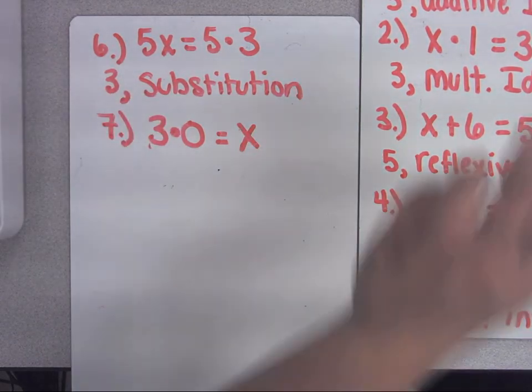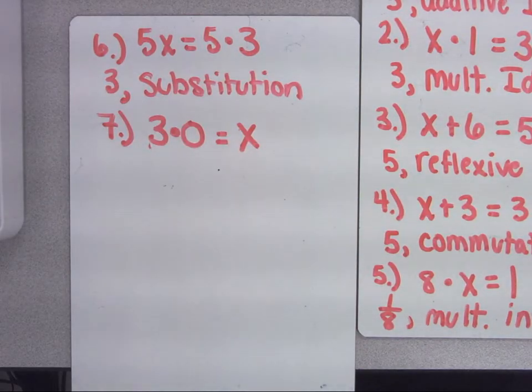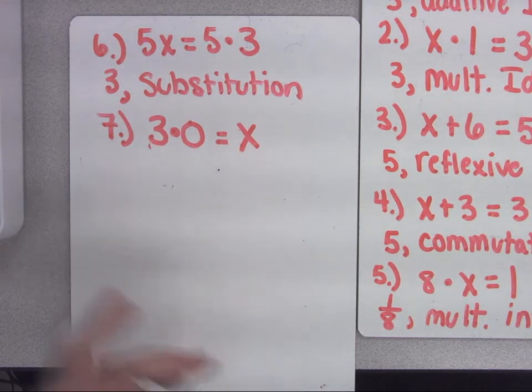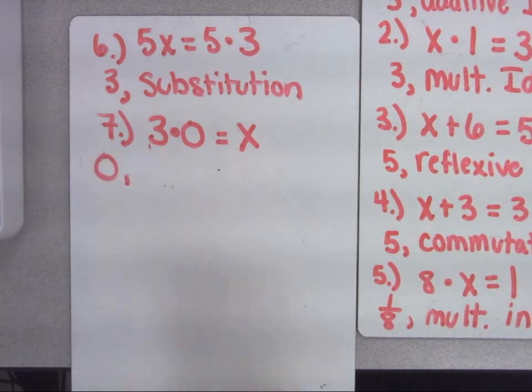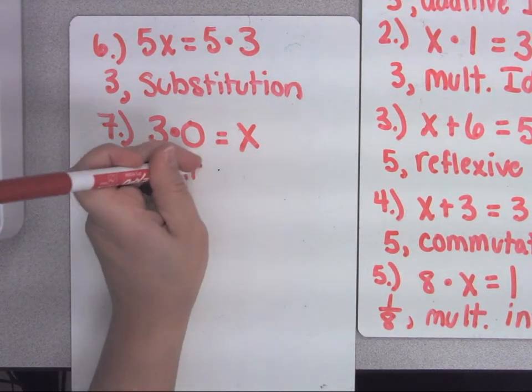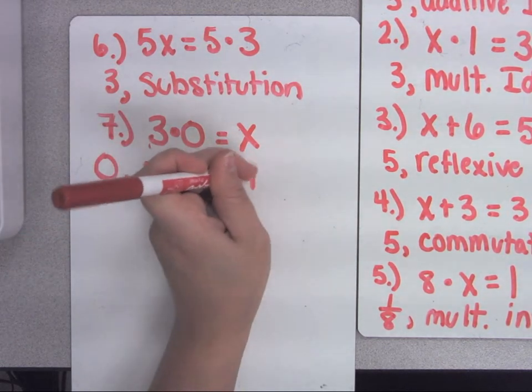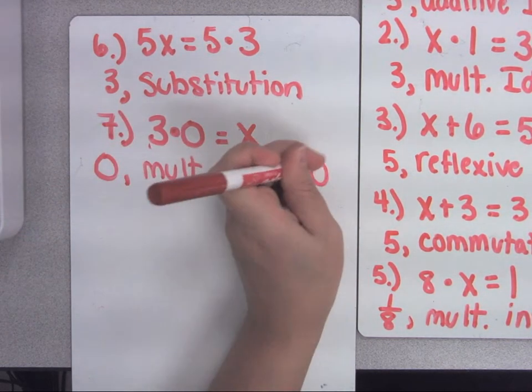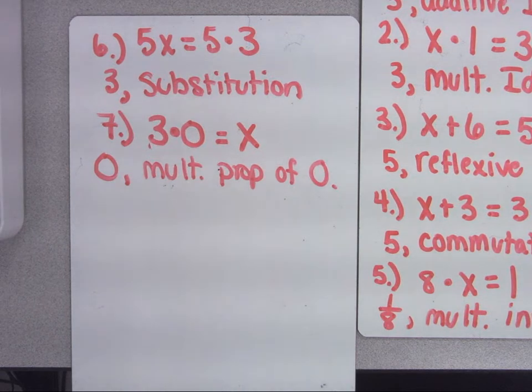Three times 0 equals what? What does 3 times 0 equal? Answer, 0. What property tells us anything times 0 equals 0? It's the multiplication property of 0. Right?